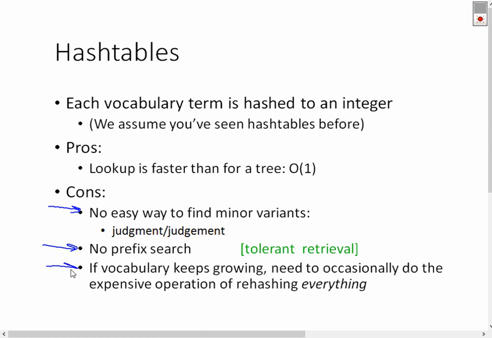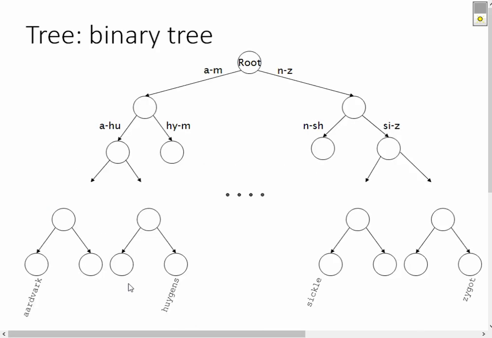And then the other thing we run into is that as the vocabulary gets larger, I might have to do more and more sophisticated hashes to ensure that the vocabulary or the dictionary is consistent. So it becomes rather expensive to have to rehash stuff over and over again. So hash tables sometimes work, sometimes not.